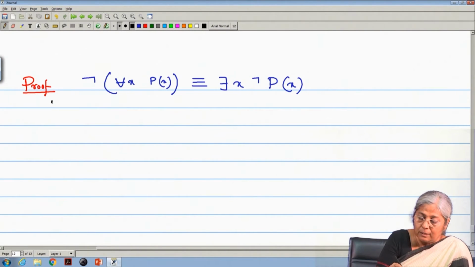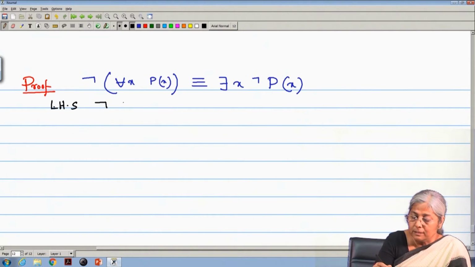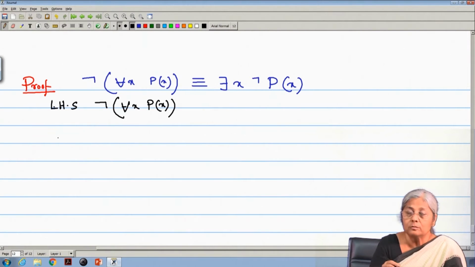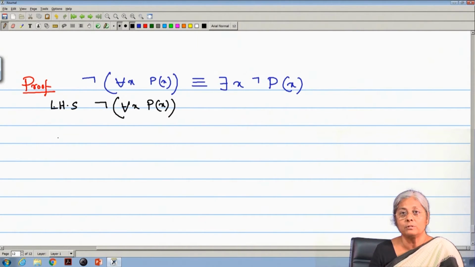So, our LHS is the negation of a universally quantified statement. The statement can be true or false.